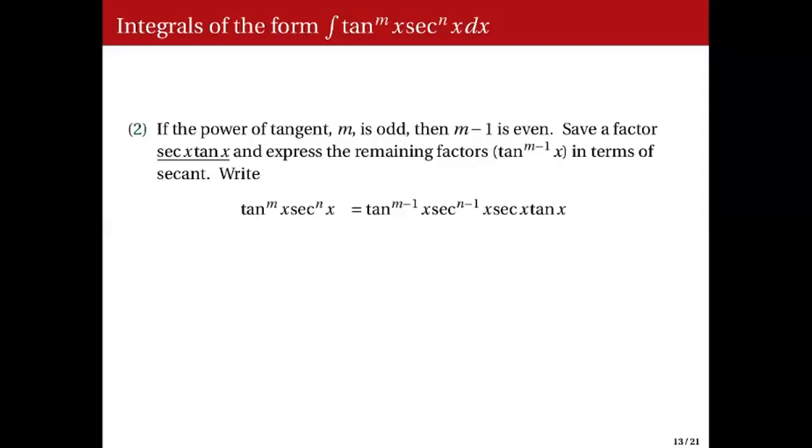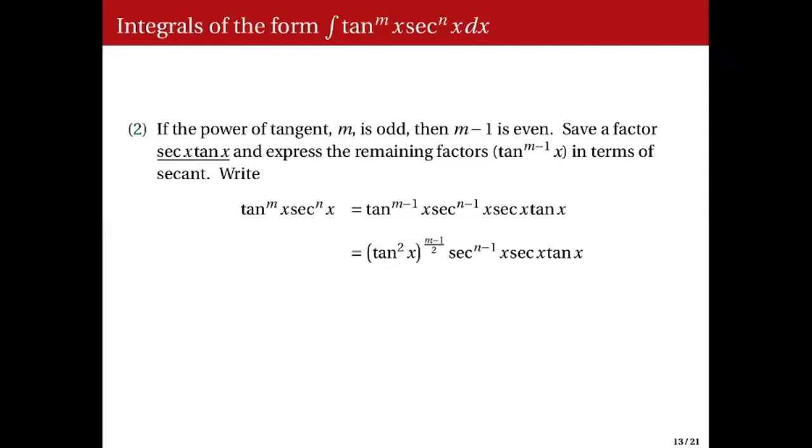So you will have secant to the n minus 1 x, secant x. And this secant x tangent x, you save it. And then this tangent to the m minus 1 x, the power of tangent is even. m minus 1 is even.